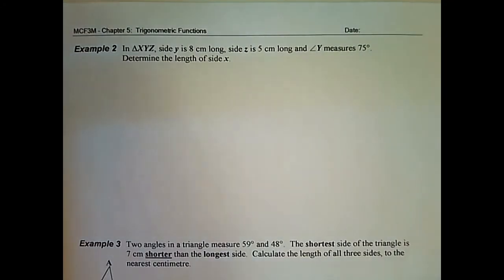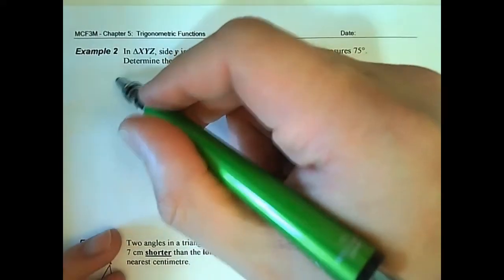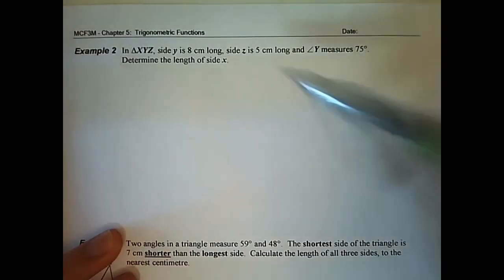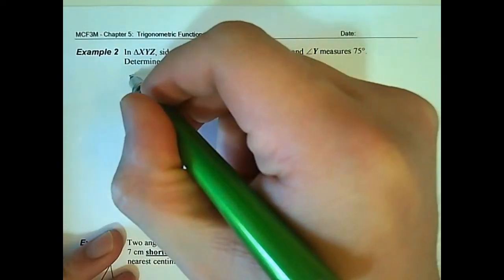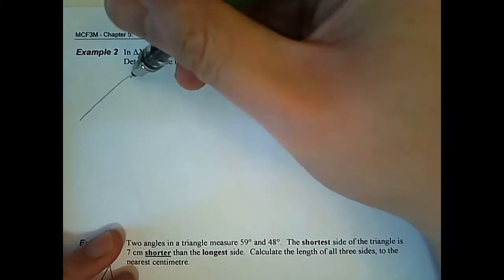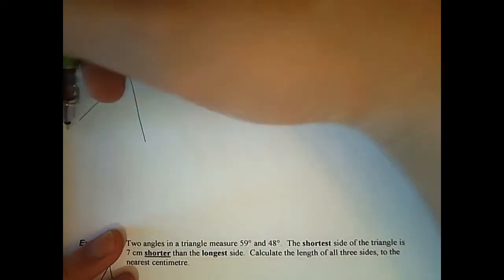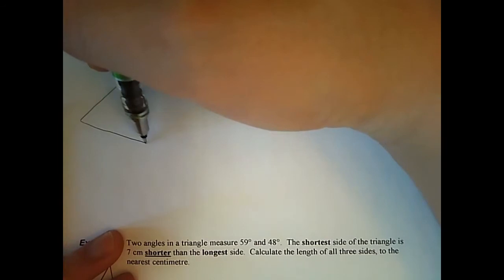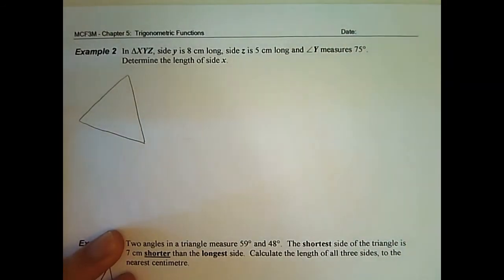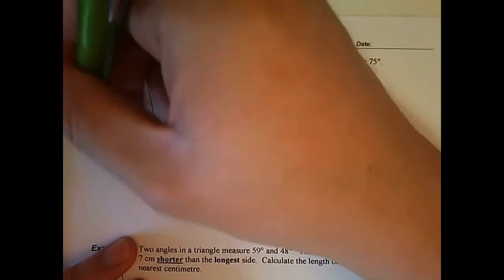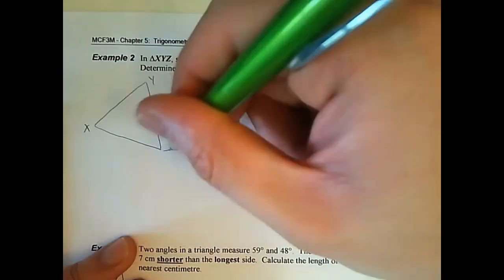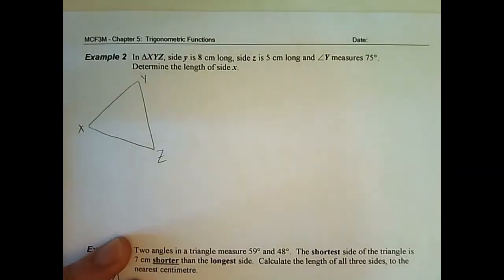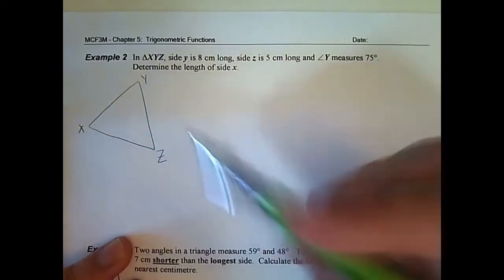So what do we start with? Always a diagram. And you're going to notice all my diagrams look the same because these are not drawn to scale. They don't have to look proper. It'd be good if they were proportional, like one angle's bigger than another if we know the angle measures, but most of my triangles just look like that. And I'm going to have X, Y, and Z. So it says side Y is 8 centimeters long.